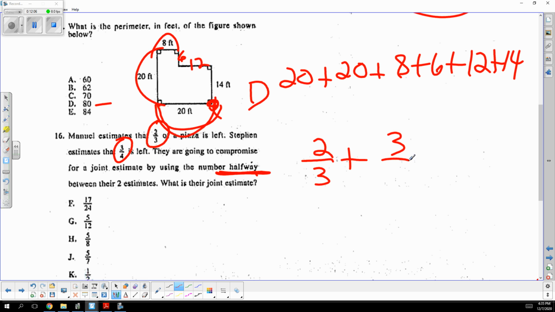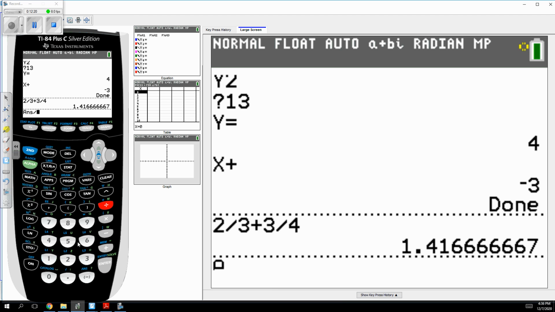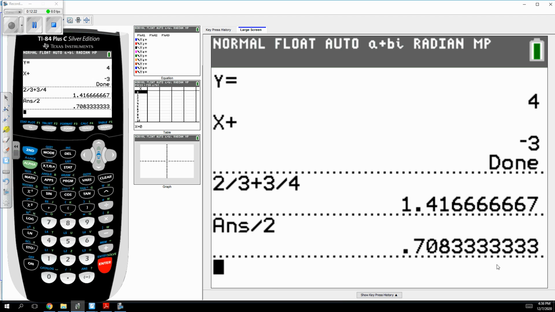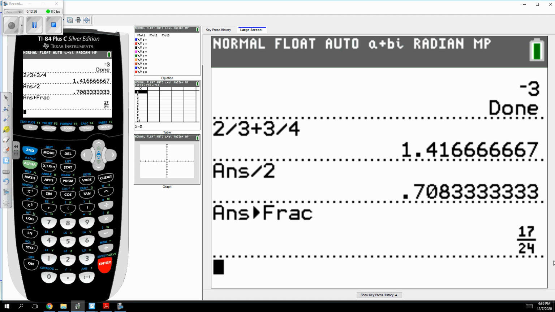So halfway between two numbers, you add up 2/3 to 3/4, and you divide by 2. Once again, I won't use the fraction feature because I'm just doing single fractions, not complicated terms. So I add them up and divide by 2 and get 17 over 24, F.